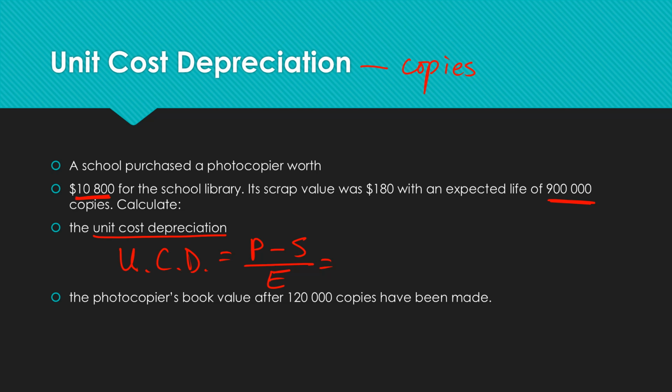In this case, we have the principal amount being $10,800. Our scrap value is $180, and the expected life is 900,000 copies. When we put this in the calculator, you should get $0.0118 per copy. What that means is each time we photocopy something, we'll lose that amount per copy.